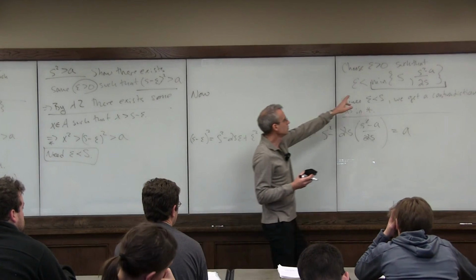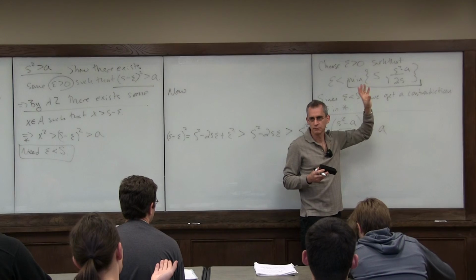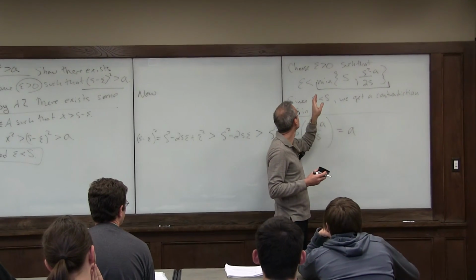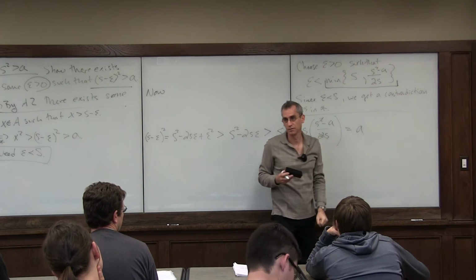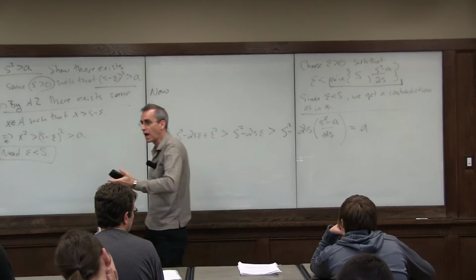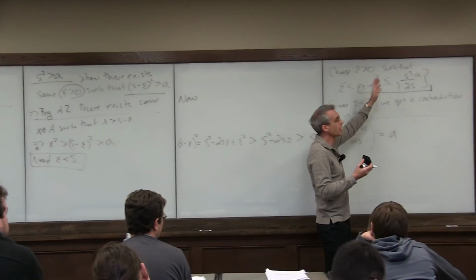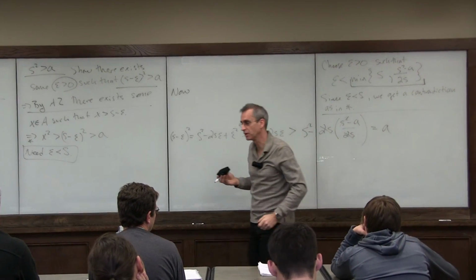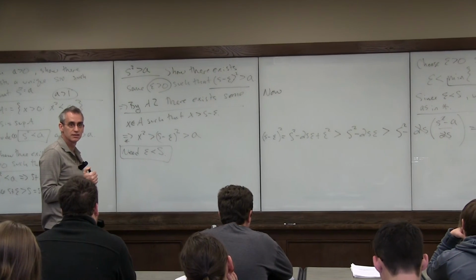Well, I mean, you have to pick it less than both of them. So you already know it's less than s, you don't need to show that? Well, once I write this down, I know it's less than s and it's less than that. And I know there exists some epsilon. I'm not claiming to say what it is, although you could take the minimum of these two and divide by 2, like we did in the proof of that statement. I don't know what it is necessarily, but I know it exists.